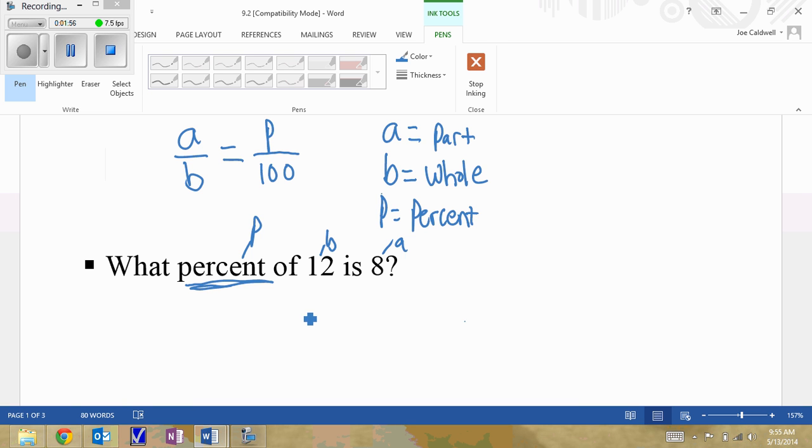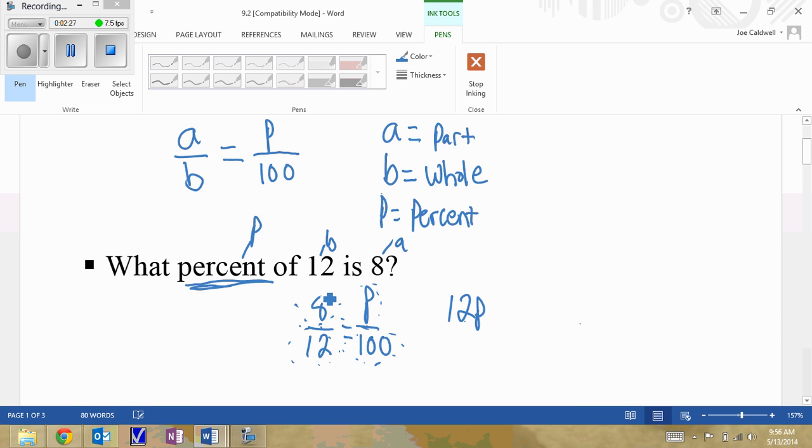So if I plug that in, I have 8 over 12 equals some percent, which we don't know, we're trying to figure that out, over 100. So you could use cross multiply, you could use algebra, you could do pretty much whatever you want, okay? So I'm going to go ahead and do cross multiply, where I'm going to have 12p, because that's one of my cross products there.